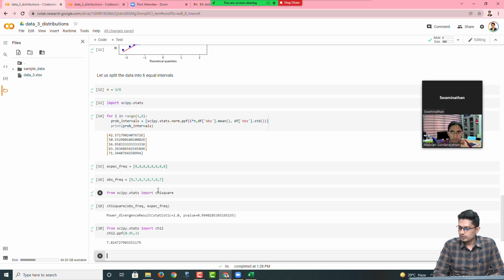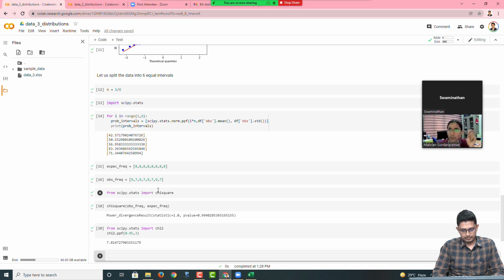Could you talk about the degrees of freedom? The degrees of freedom is basically going to be k minus p minus 1. k is the number of buckets. We used 6 intervals, so it is 6 minus 1, which is 5, minus p. p is the number of parameters we compute from the sample. For a normal, we need the mean and the variance, so we have computed 2 parameters.